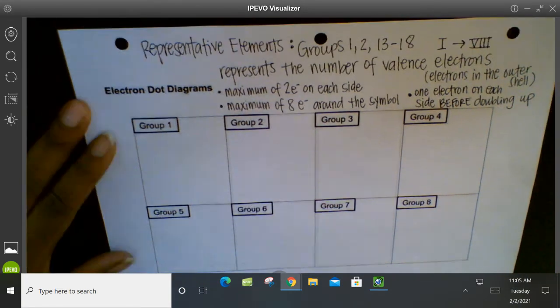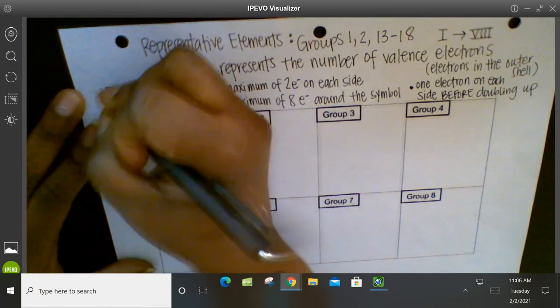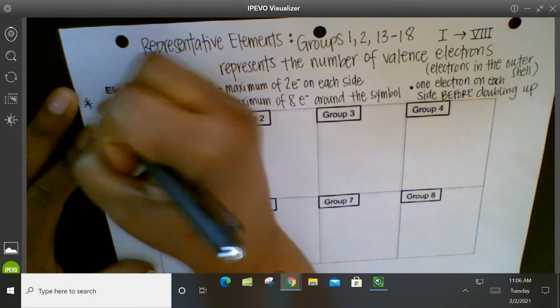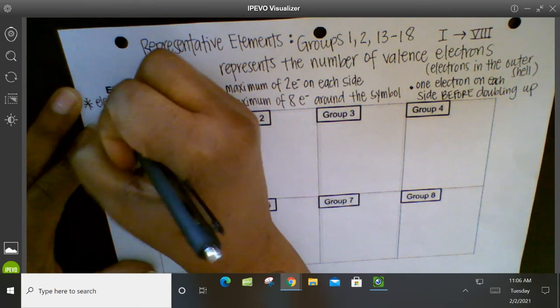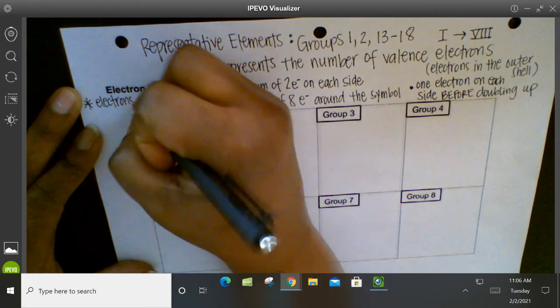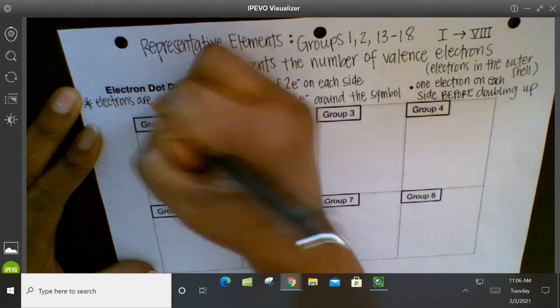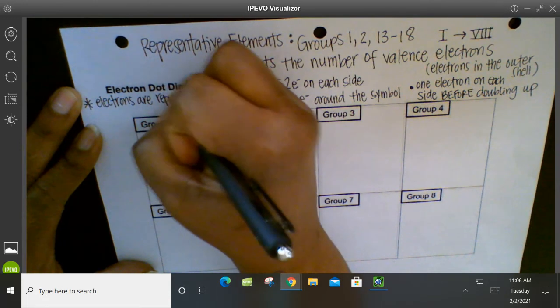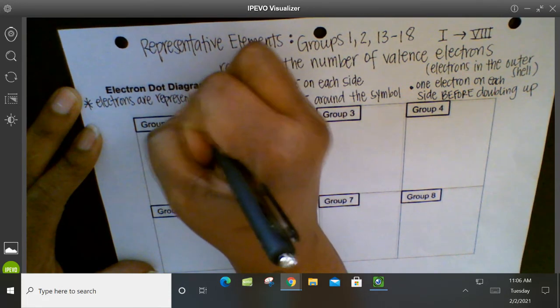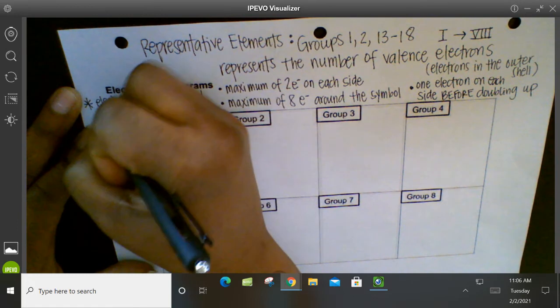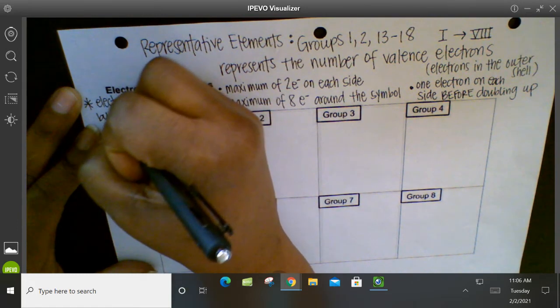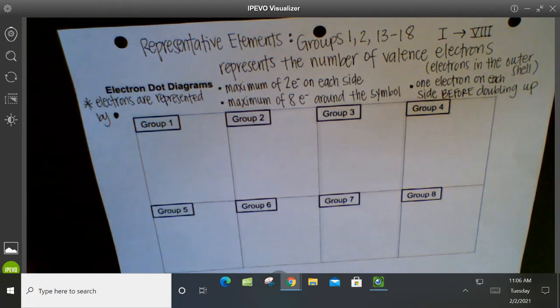Oh, and I should put this as a rule too: your electrons are represented by dots. Hence, electron dot diagram.